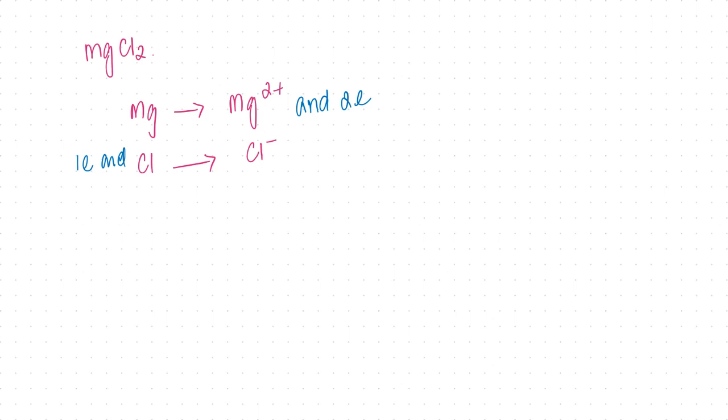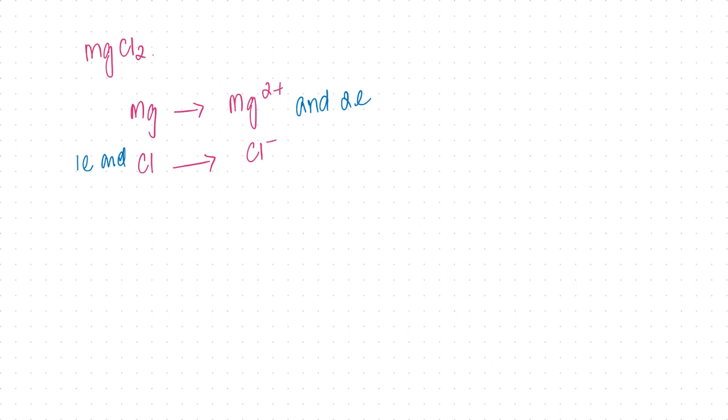Now, how do they end up bonding? What ends up happening is kind of straightforward. Magnesium would really like to lose 2 electrons, right? We've seen this before. Magnesium really wants to lose 2 electrons because it's in group 2, right? 2 outer electrons. So what happens to the extra electron?